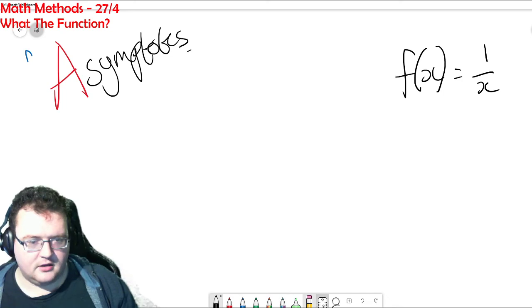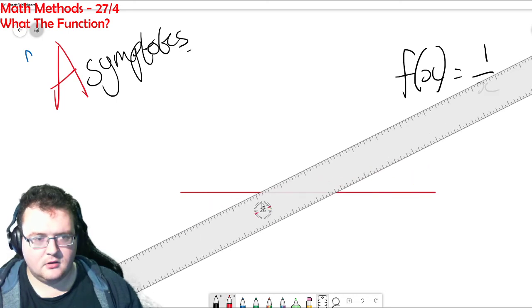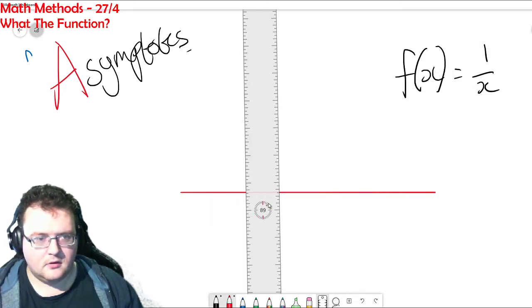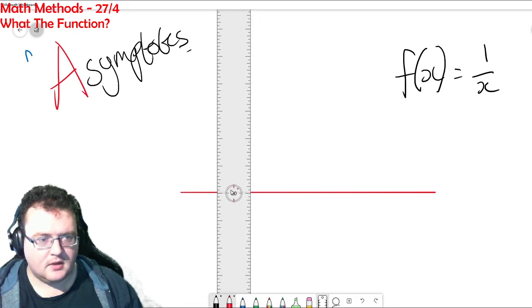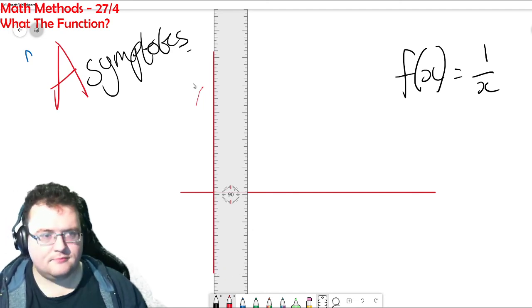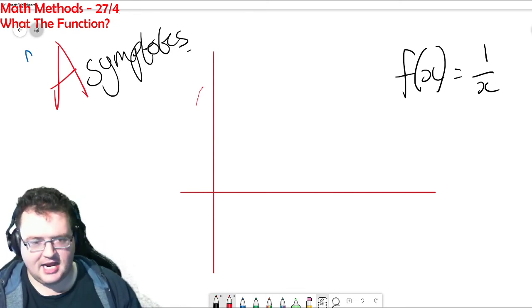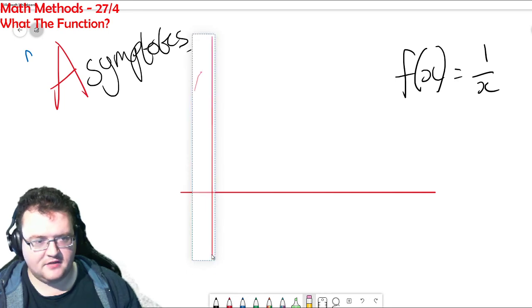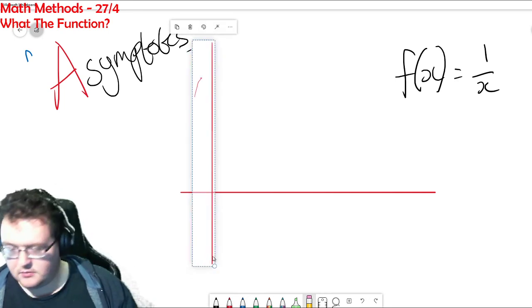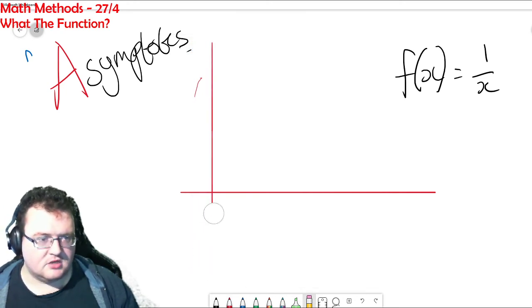So if I draw my axes for this one, knowing what we know about the graph of root x, am I going to need to draw anything down here for the negatives? No, because the graph doesn't exist down here. It's also not going to exist out here.